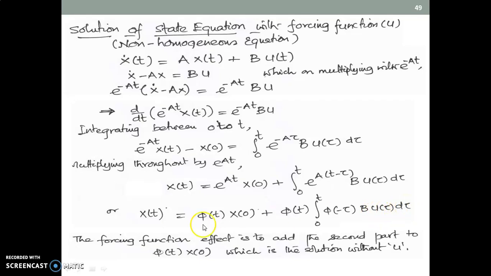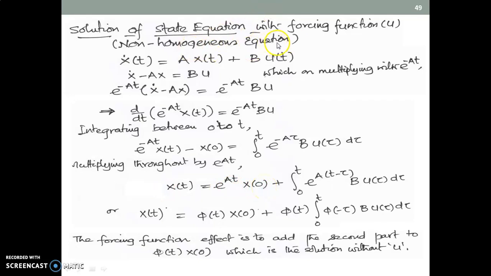Here the first term is the 0 input response. If the input is 0, you will get only this response. So this expression x of t is equal to e power At into x of 0. This is the solution for the homogeneous equation. If the input is 0 here, only this expression, it is called the homogeneous equation, and the solution is x of t equal to e power At into x of 0.